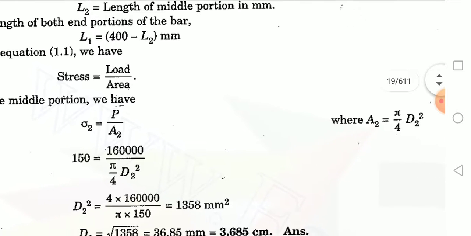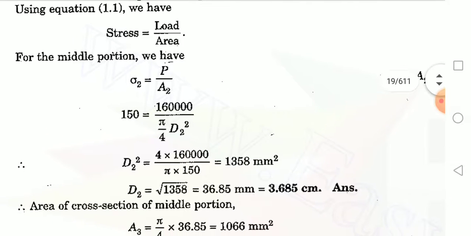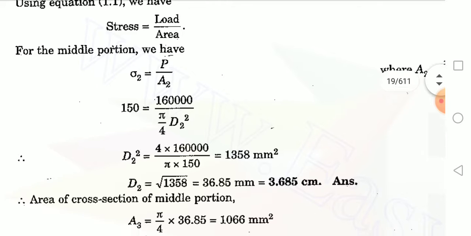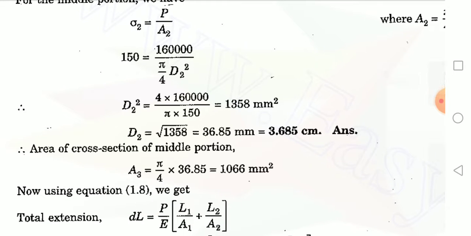Then d2 squared we want to find out. From that we can derive d2, because every value is given and the unknown is d2, so it is easy to find out d2. Then we can find out the area of the middle portion. We know the diameter, then pi d squared by 4 gives the area of the middle portion.